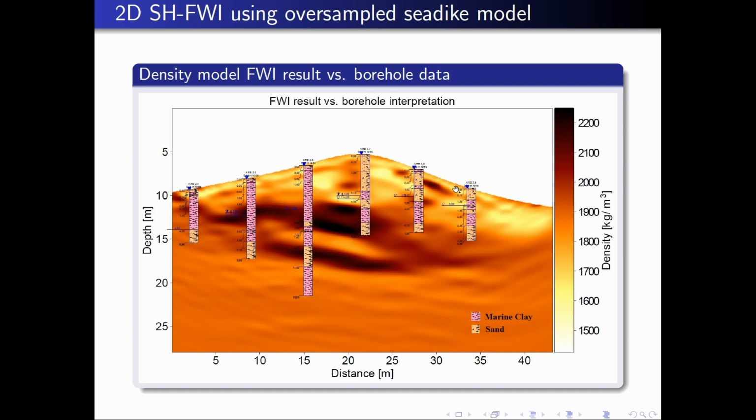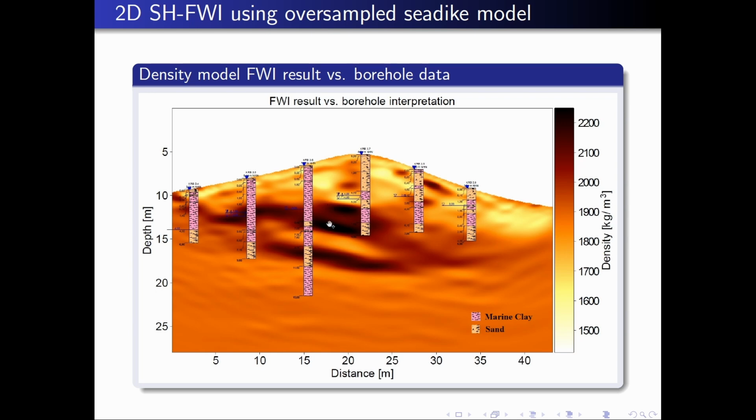And these two layers are disturbed by a low density anomaly near the shoreline. Compared to the previous inversion result, we are now also able to resolve the core of the dike, which consists of a bunch of high-density layers with values of up to 2,200 kg per cubic meter.